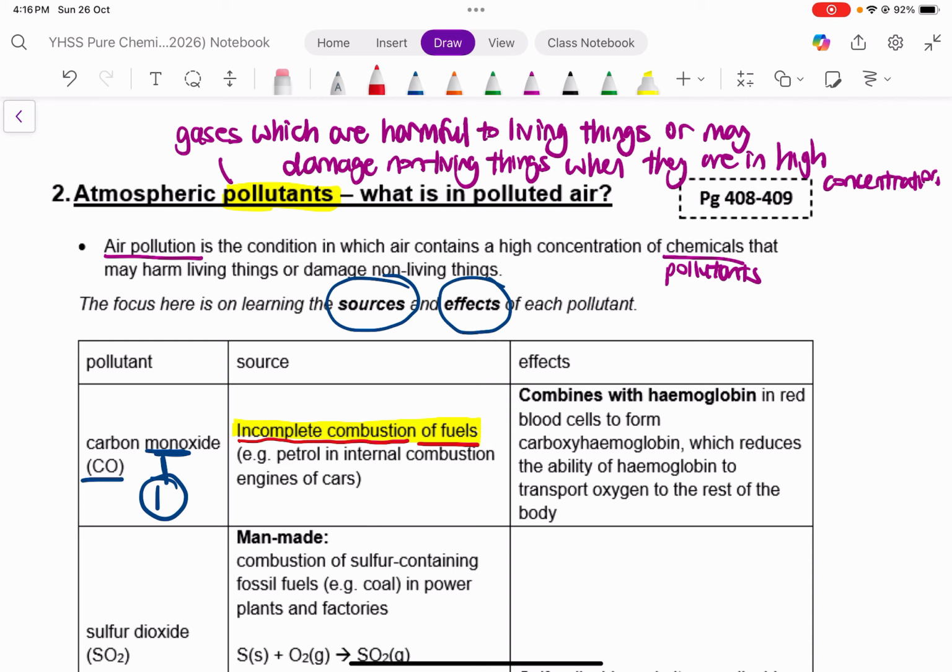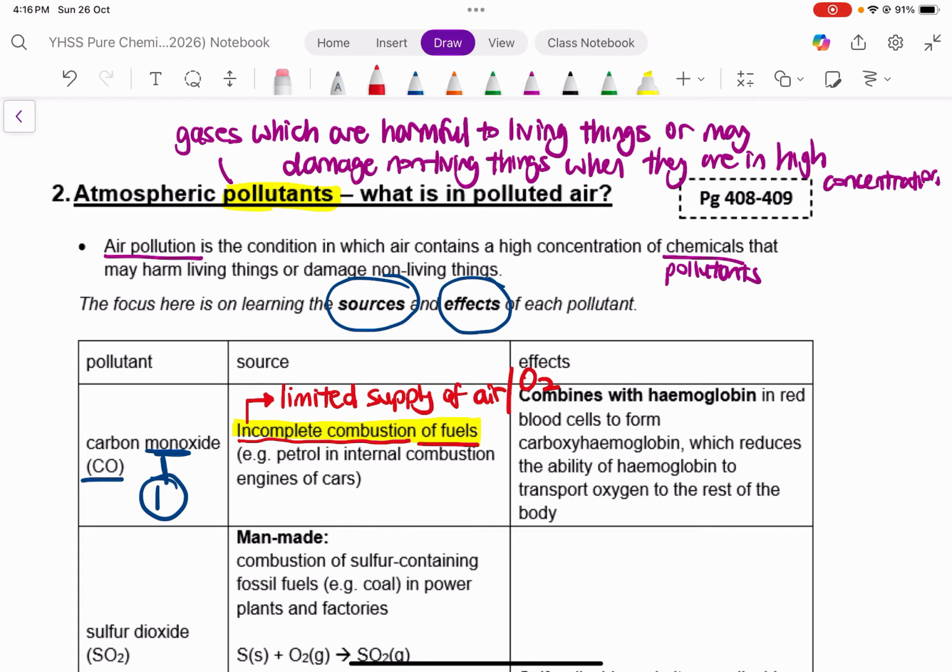Now, what is incomplete combustion? Combustion is incomplete when there is a limited supply of air or oxygen. Whenever burning takes place, it needs oxygen. But what if the oxygen itself is limited supply? If the oxygen is in a limited supply, incomplete combustion happens.